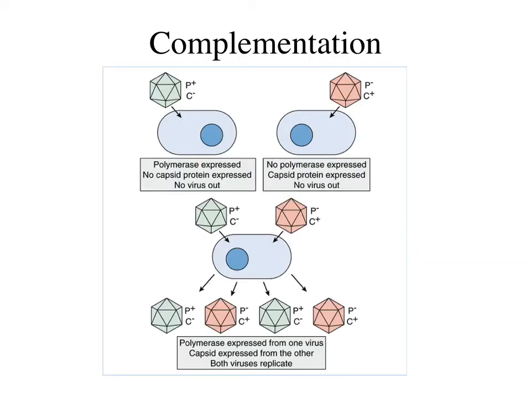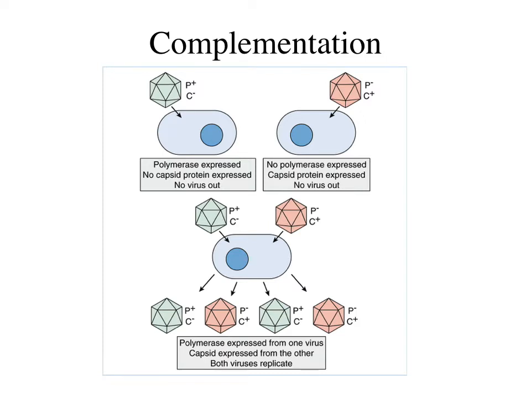Now here's an illustration of exactly how complementation occurs. So we're looking at two different viruses, the green and the pink, and you can see that their polymerase and their capsid proteins differ. So in the green virus, the capsid protein is defective. So when that virus infects a cell by itself, no progeny virus can be produced.